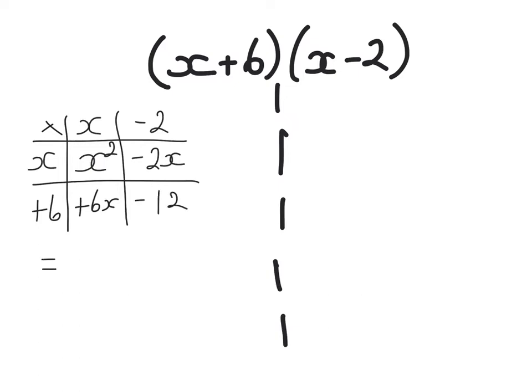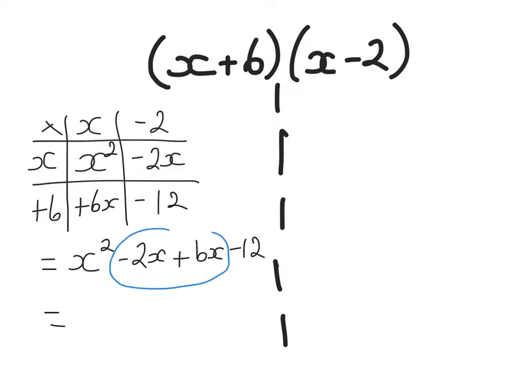So this would give me x squared, take away 2x, plus 6x, take away 12. And then we simplify. We can collect these two terms together here. Negative 2x plus 6x gives me positive 4 lots of x. So my answer would be x squared plus 4x, take away 12.